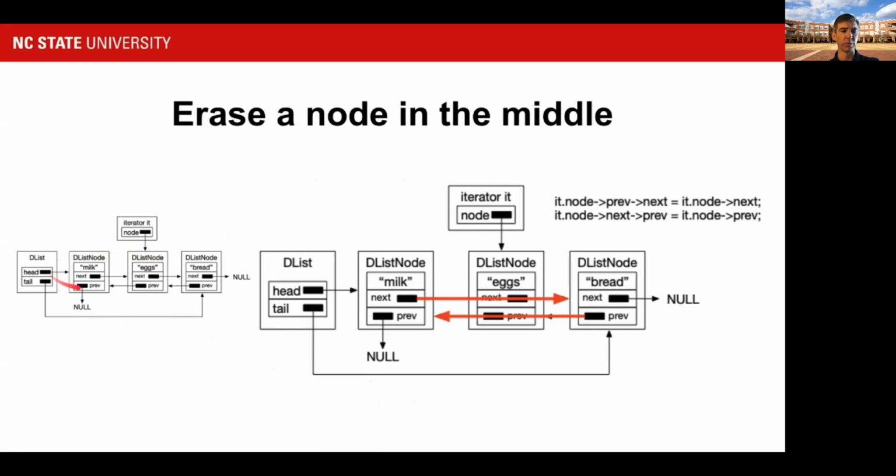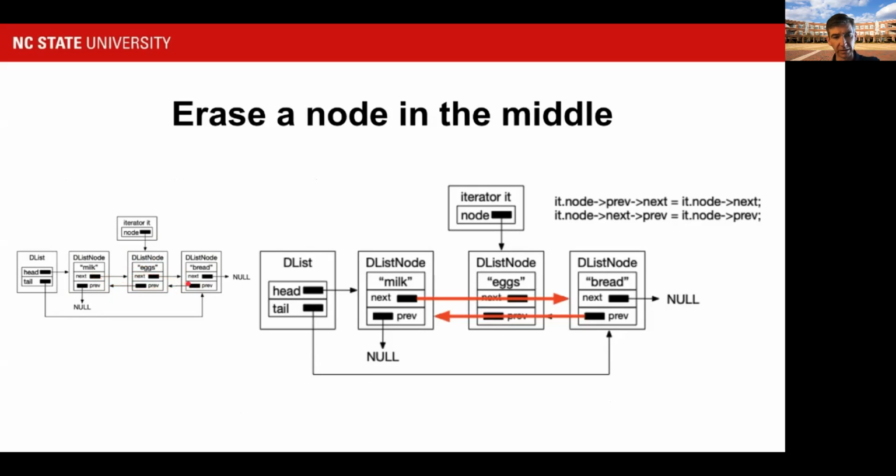So we might start out with a list like this over here on the left, and I have an iterator pointing to eggs, and I want to remove eggs from my list. So the main two operations I need for that is to make the next pointer of the previous node, in other words, milk, point to bread, and then I need to make the previous pointer of the next node, which would be bread's previous pointer, point back to milk, right?